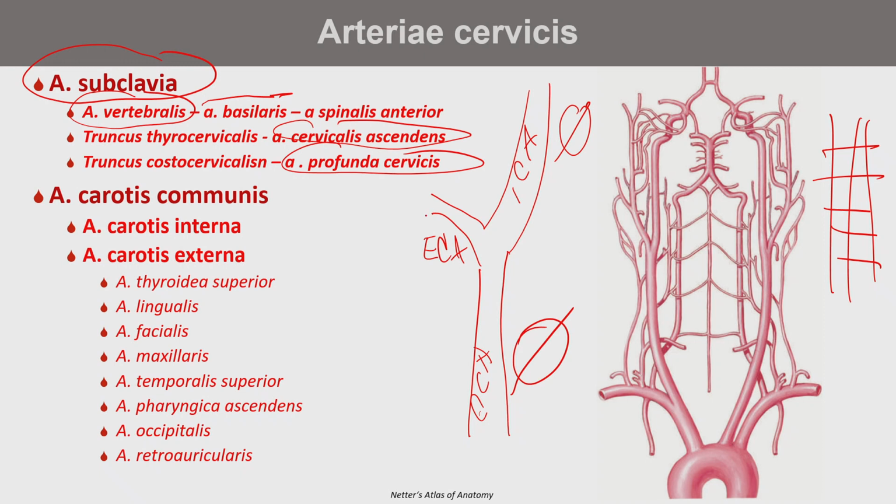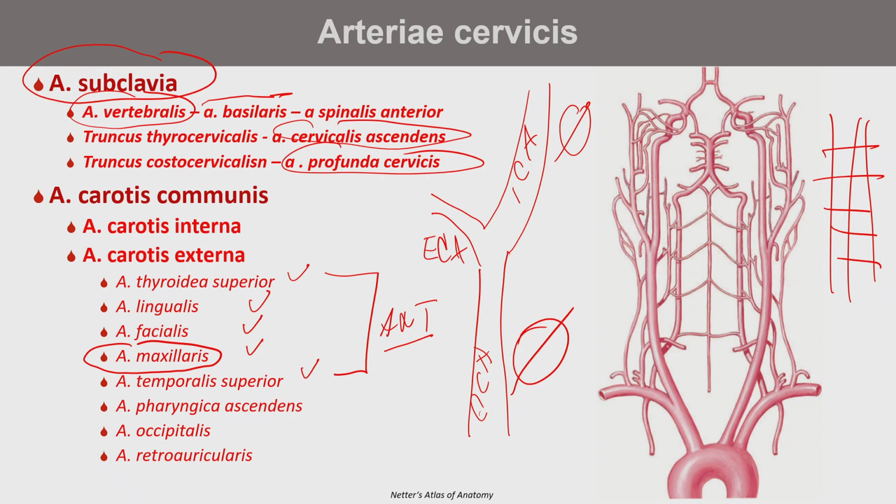But the external carotid has constant branches. In every person we can observe those constant branches. Those are the superior thyroid artery, lingual, facial, maxillary, and superficial temporal. Those arteries are anterior branches. The terminal branch of the external carotid is the maxillary, which is going to the anterior part.